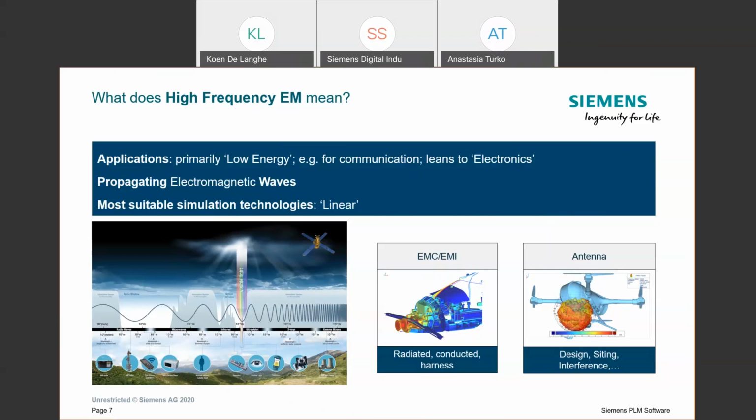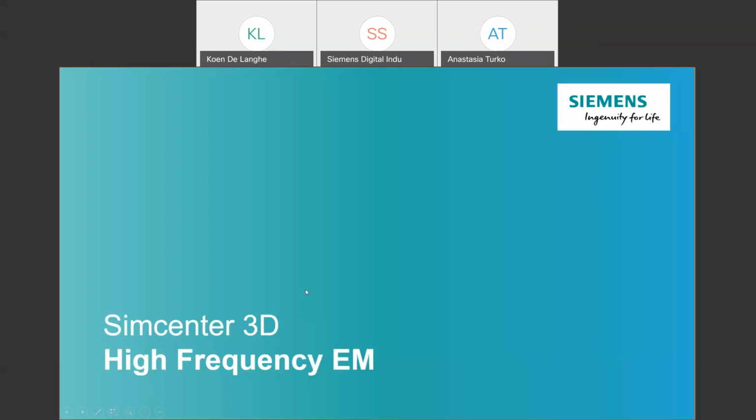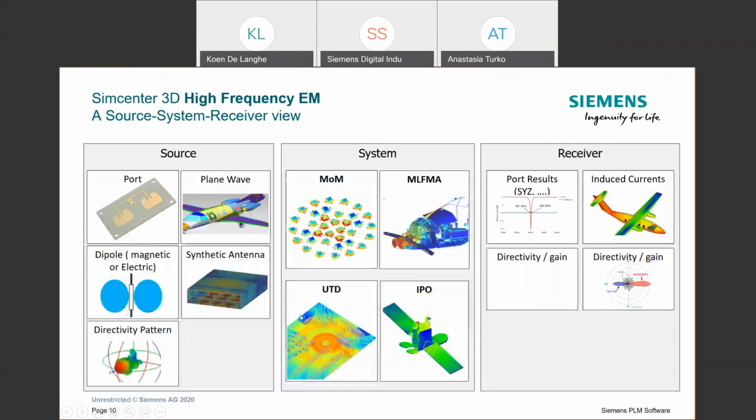So in terms of our technologies for high frequency electromagnetics, we have a whole portfolio of technologies that are relevant. At the system side, modeling the system itself, our prime technologies are MOM, method of moments, which is one of the core technologies used in computational electromagnetics.